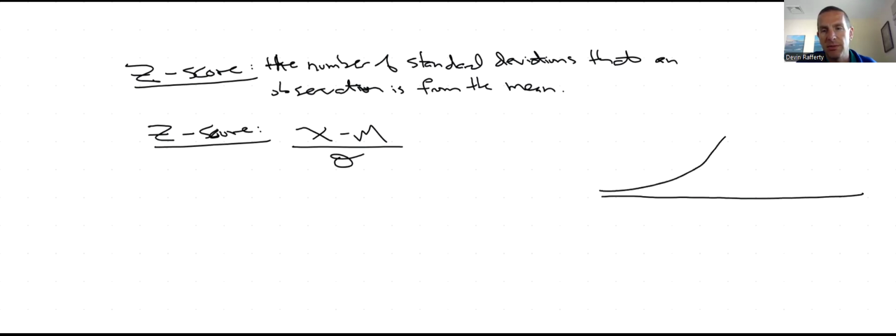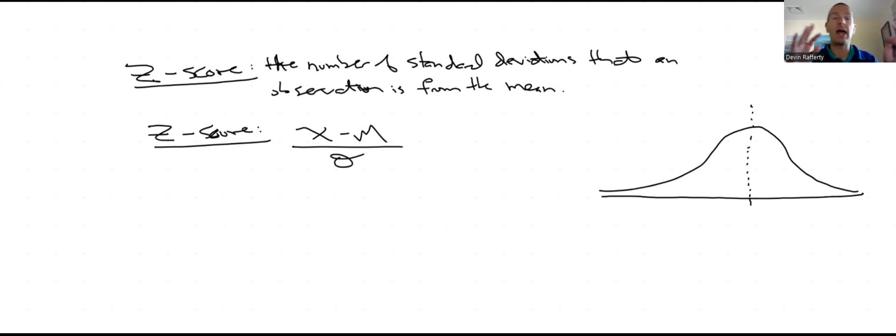X minus mu divided by sigma. Okay. So remember, mu is the arithmetic mean. We calculated that in chapter 3. Sigma is the population standard deviation. It is a measure of dispersion.